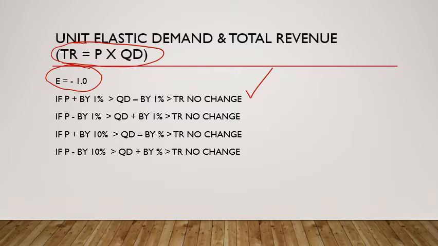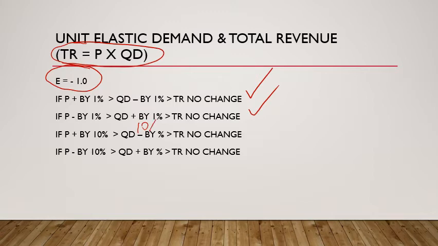If on the other hand, the price goes down by 1%, well, that means QD will go up by 1%. So what happens to total revenues? Again, no change. If price goes up by 10%, well, then QD will go down by, I didn't put this down, oh, another boo-boo, 10%.